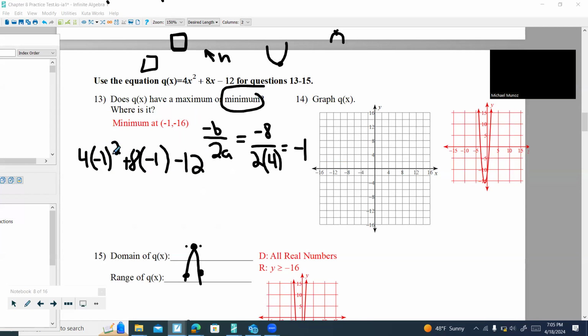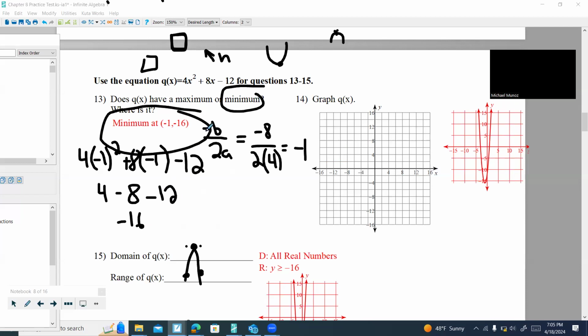This is going to be -1 squared, which is a +1. 1 times 4 is 4. 8 times a -1 is a -8. And minus 12. And like I said, you'll get a -16 here. And so that's why our minimum is -1, -16.